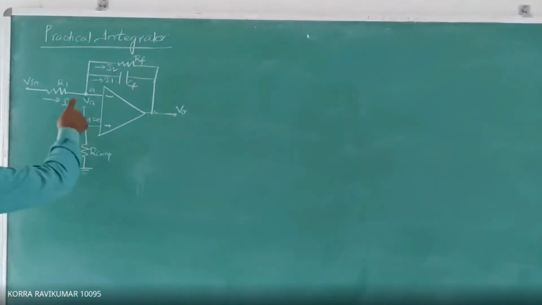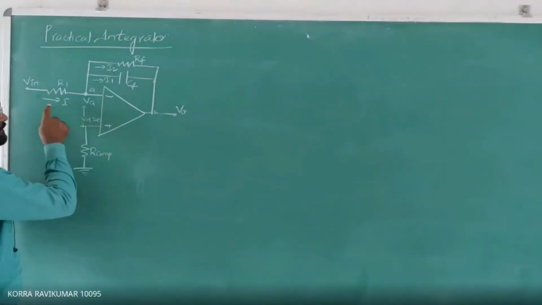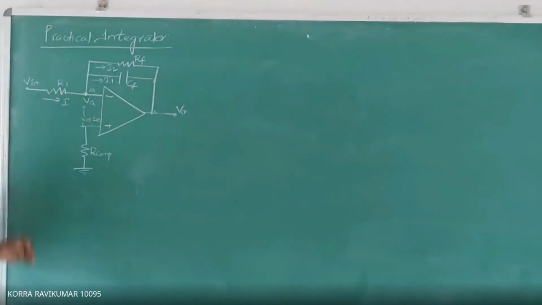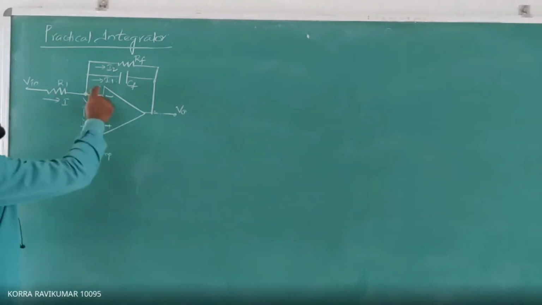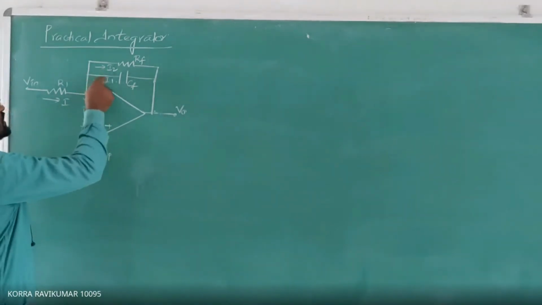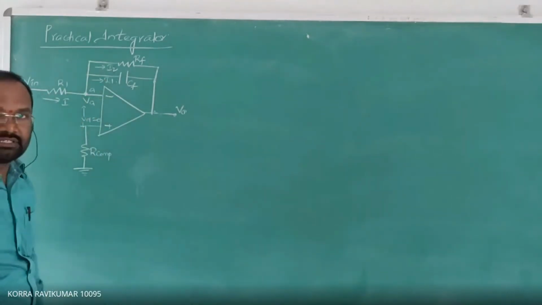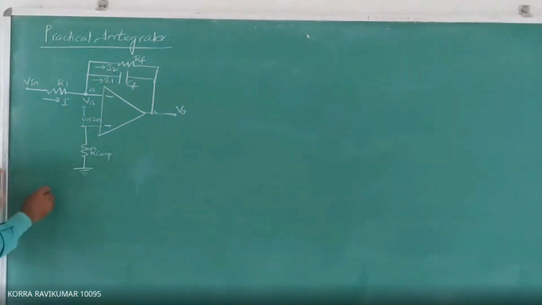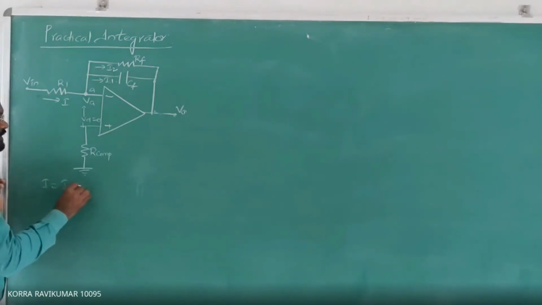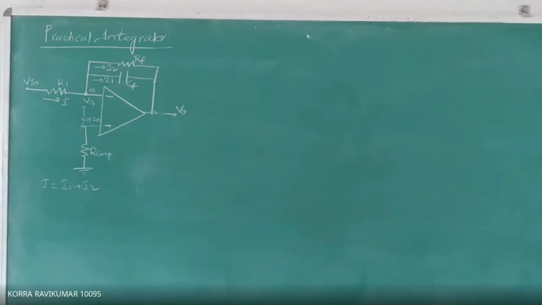If you observe the node here, I is the current entering node A. I1 and I2 are the currents moving away from node A. So from Kirchhoff's law, I equals I1 plus I2.